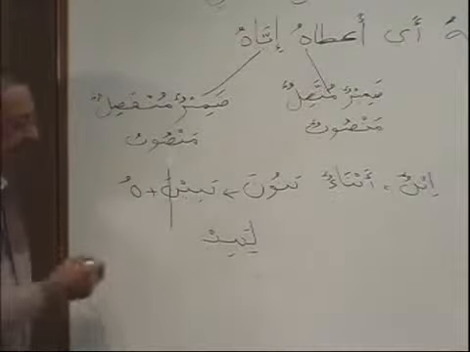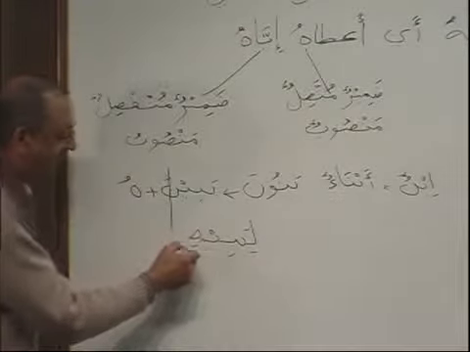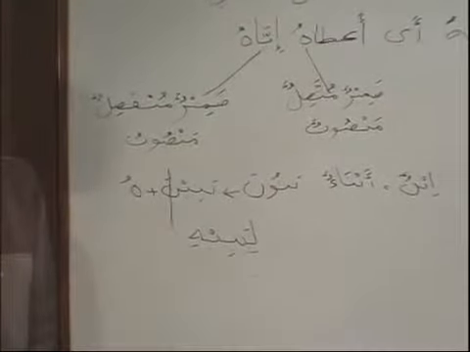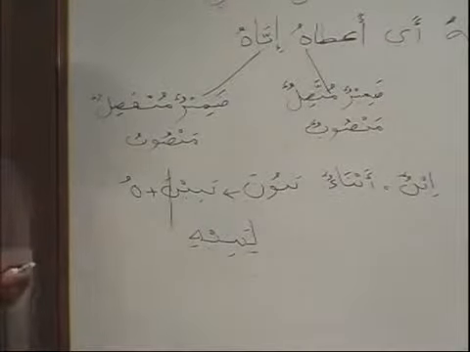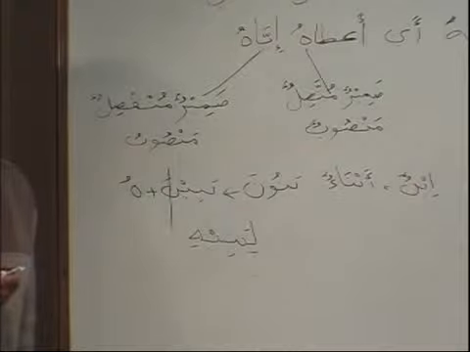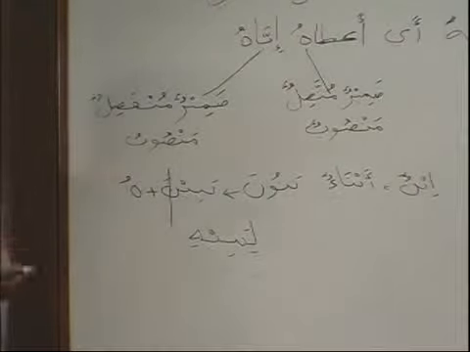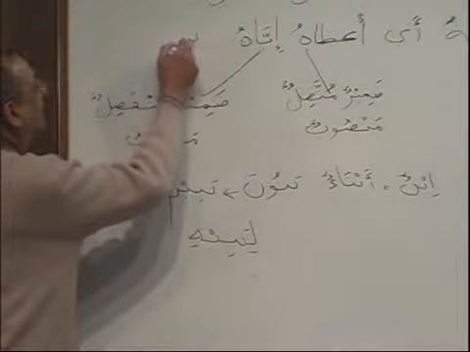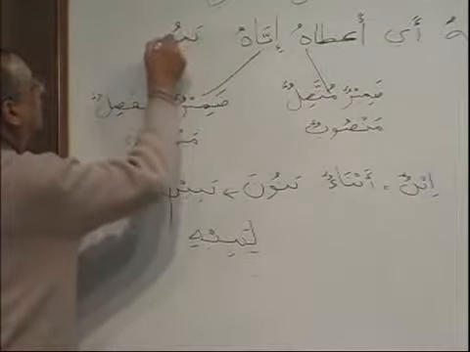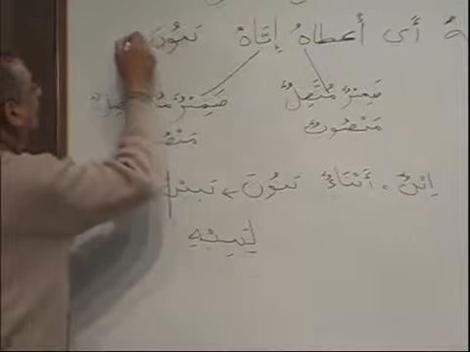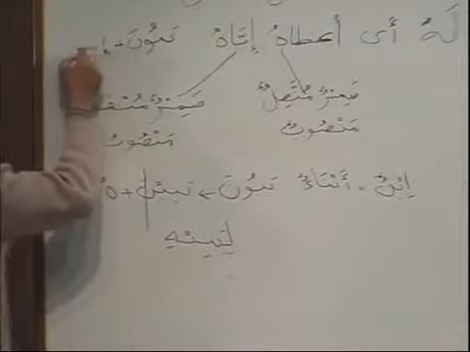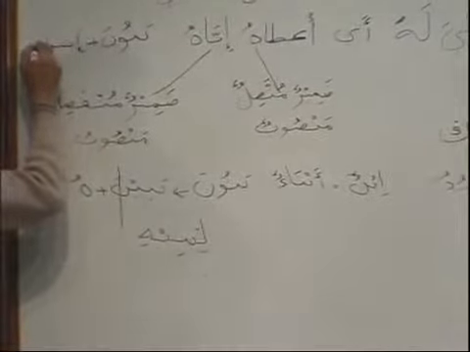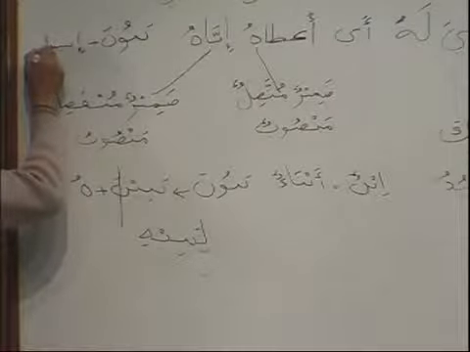I drop the noon and then I add the ha. Got the idea? See, it is so important for us to understand. Also you say, Ya Bani Israel. So what is Ya Bani Israel? Actually it is Banuna plus Israel.